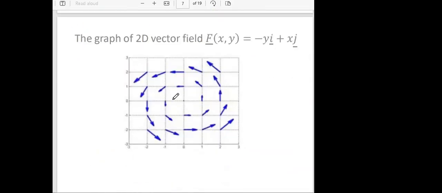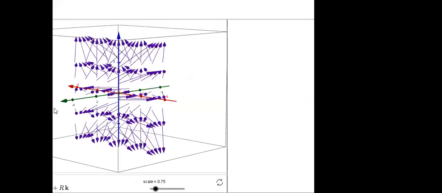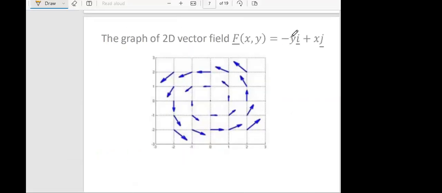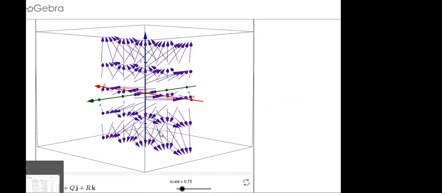Another one, let's use this to draw that vector field. What is the field? Minus y, x. So the x component is minus y, the y component is x, and this is 0, because this is two-dimensional.